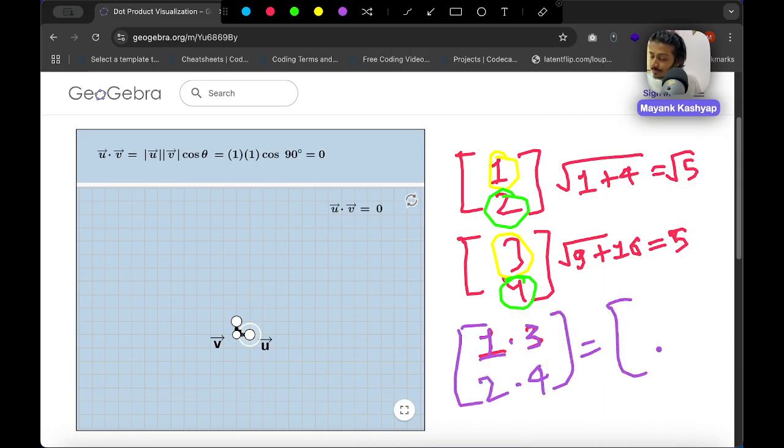This is not a vector, I shouldn't represent it like that. This is a scalar value. So this will be 3 plus 8, which is 11. Okay, now we got this 11. If we multiply 5 with the root 5 and divide by 11, we should get the dot product.